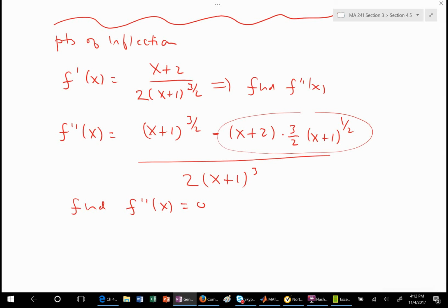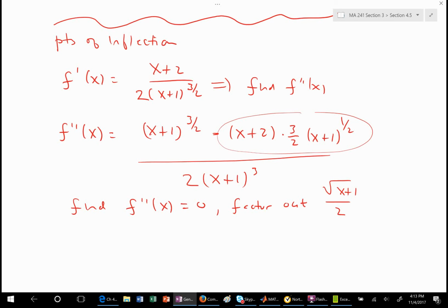But I'm going to factor out a square root of x plus 1. And I'm going to take the 2 out also, because the 2 is just kind of getting in the way. So there's actually 2 in front of the x plus 1 which we have in the numerator. So I actually take that. I'm going to see that.